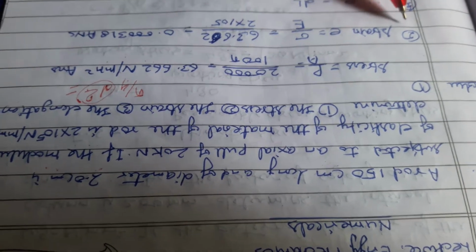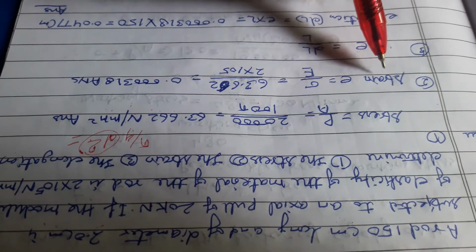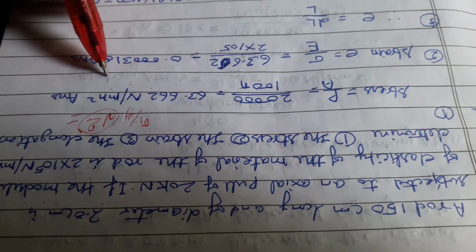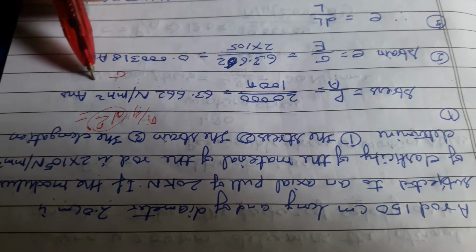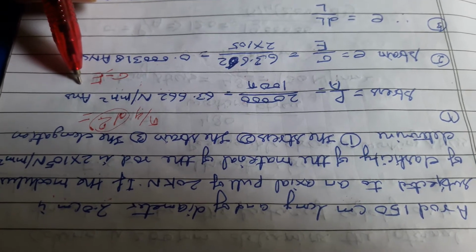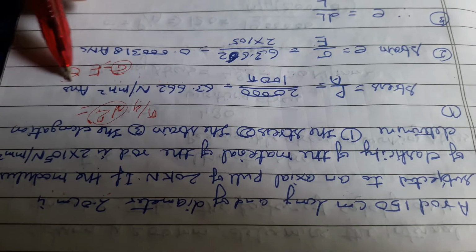Second one is strain. What is strain? As you know, by Hooke's law, stress is directly proportional to strain. That means sigma equal to E into small e. Sigma is denoted by stress, small e is denoted by strain.